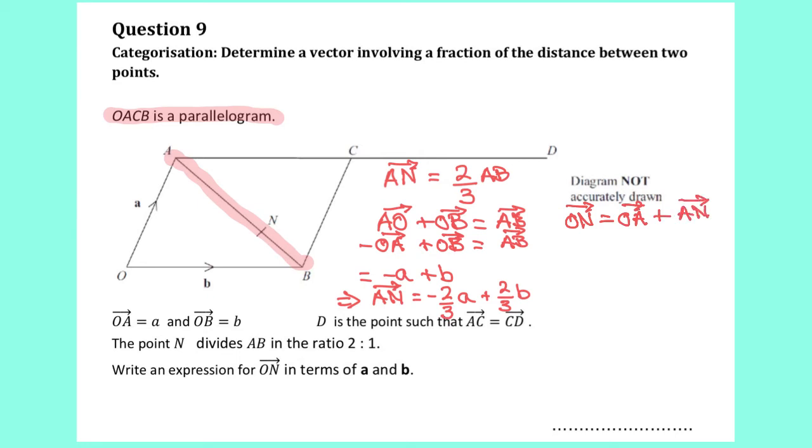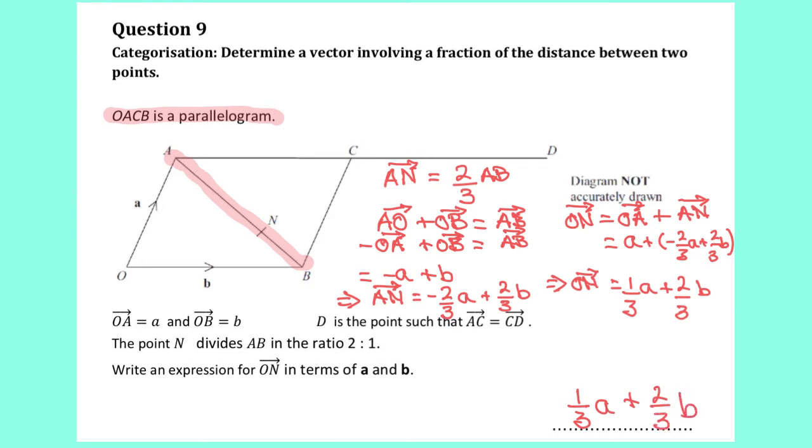Well, we know that OA is equal to A, and we know that AN is equal to minus 2/3 A plus 2/3 B. Therefore, ON is equal to A minus 2/3 A, which is 1/3 A, plus 2/3 B. Therefore, we can write ON as 1/3 A plus 2/3 B.